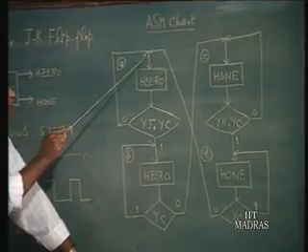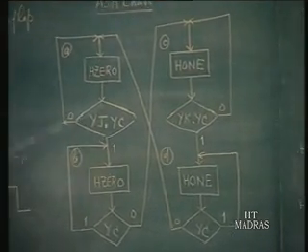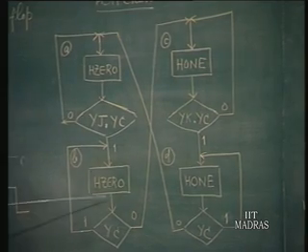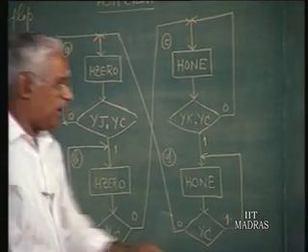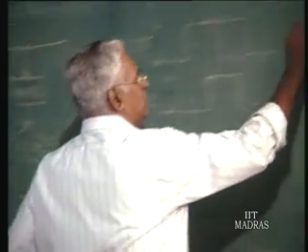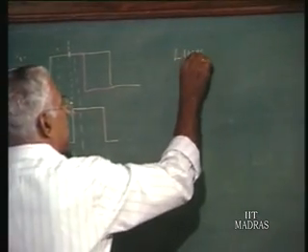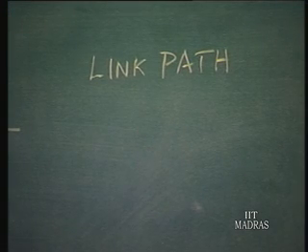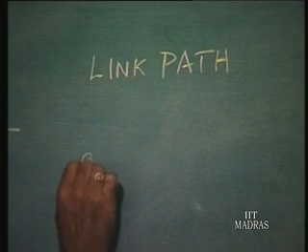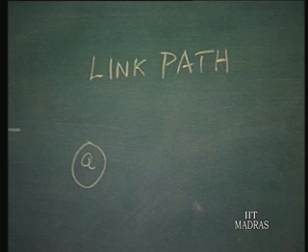When you go from one state to another state, that particular thing is called a path. It's also called a link path. For instance, let's work it out. For the present state A, there are two link paths.